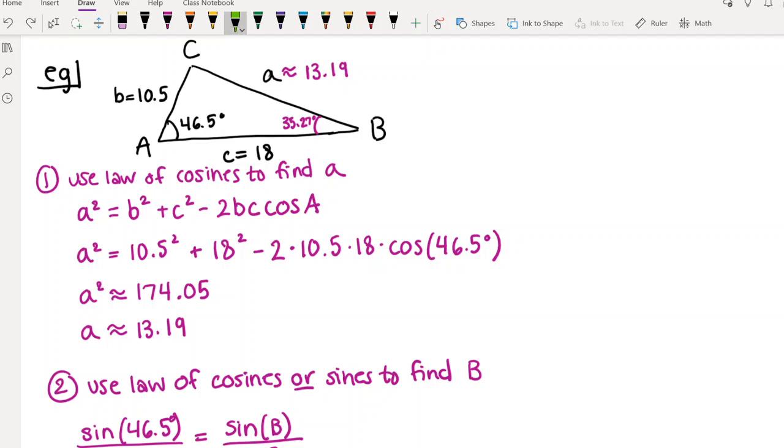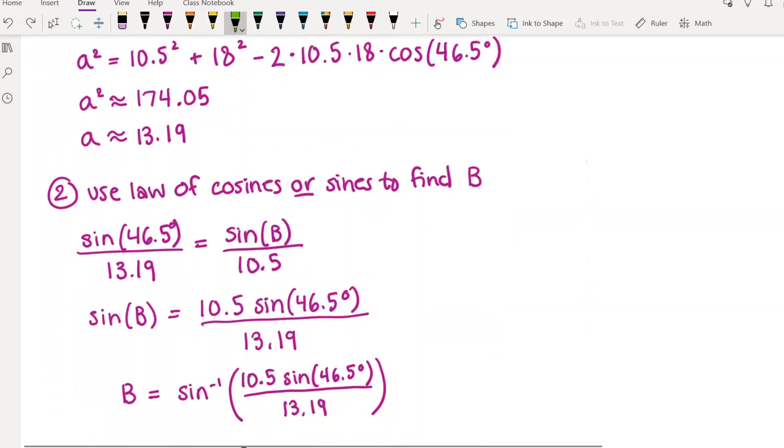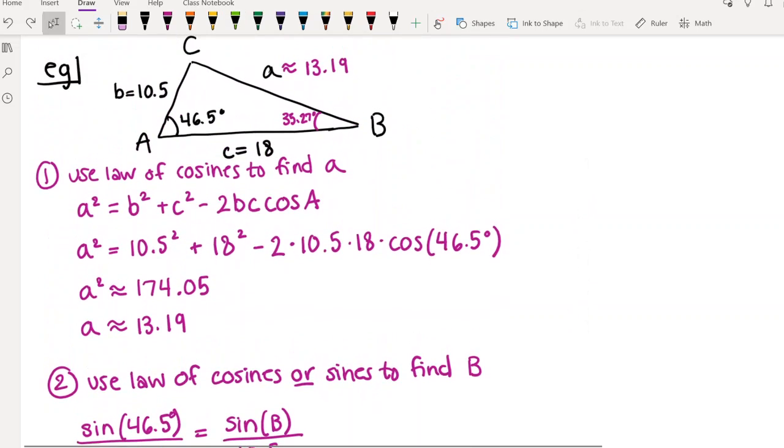But the way I would just think about it is once you're locked into knowing all your three sides, if you're using the law of cosines, you can generally trust that the angle that you get from using inverse sine is going to be the correct one.